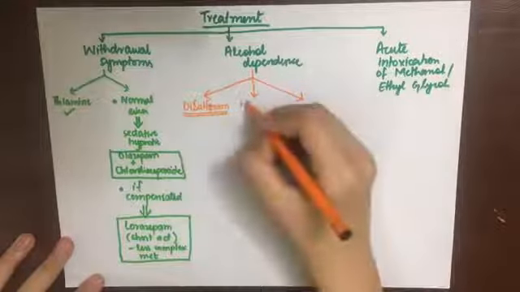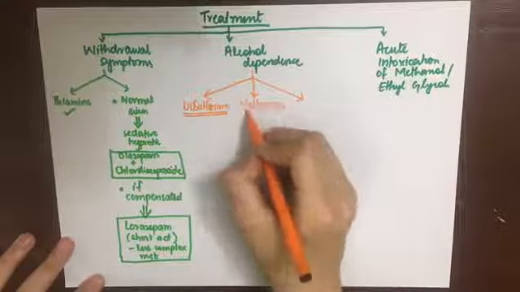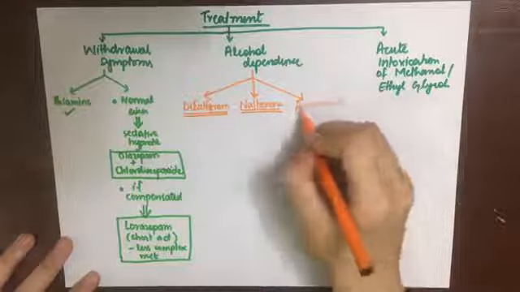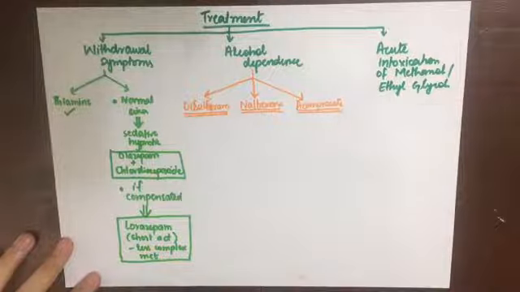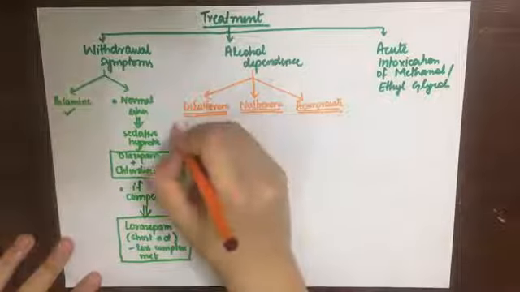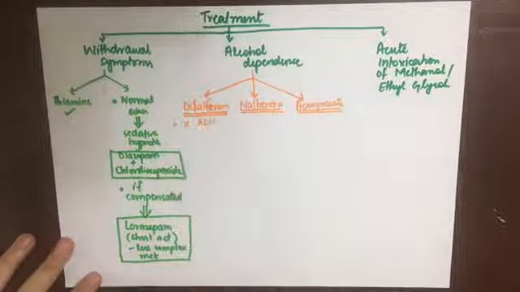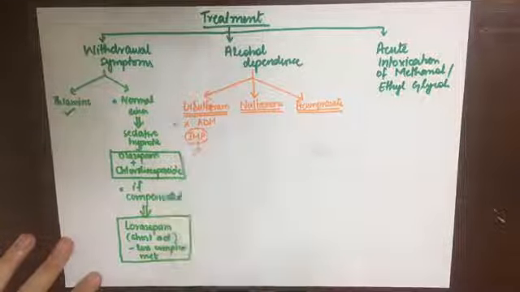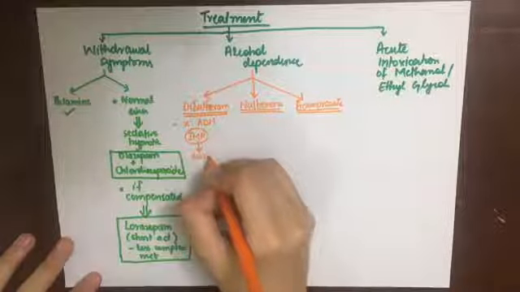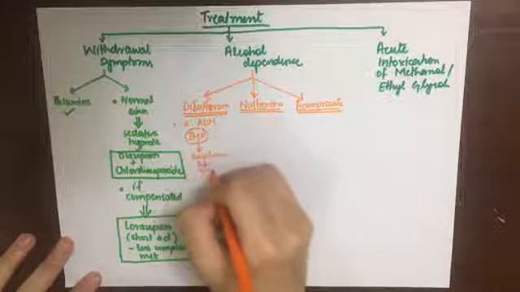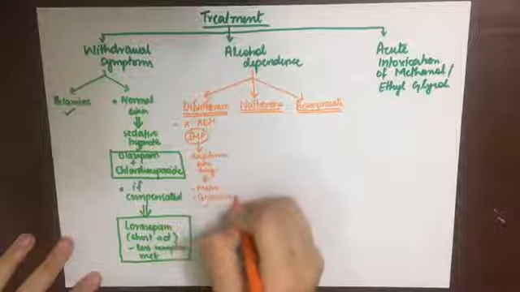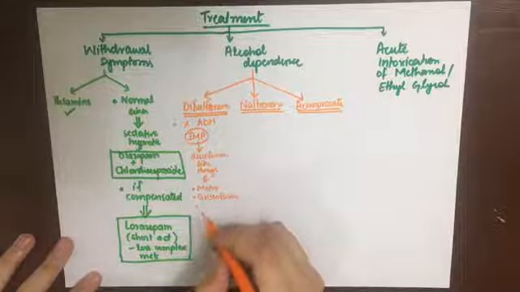When aldehyde dehydrogenase is inhibited, it will cause accumulation of acetaldehyde, and all those bad symptoms that I mentioned before, such as headache, nausea, vomiting, and hypertension, will be associated with disulfiram use. So naturally the alcoholic will not want to drink alcohol while he's taking this drug, so it will cause aversion from alcohol. Other drugs which act like disulfiram are metronidazole, griseofulvin, and cefoperazone. They should not be administered in alcoholics.